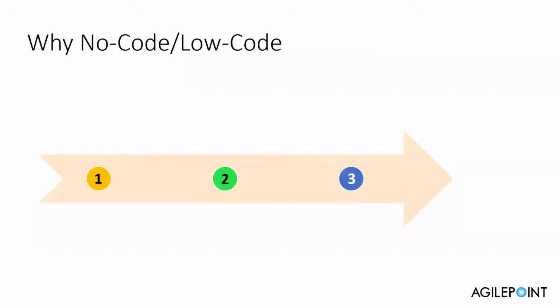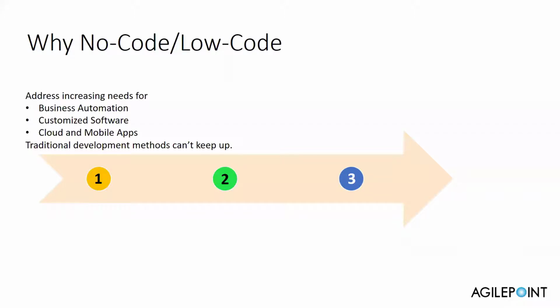Let's spend a few moments talking about why customers are coming to AgilePoint and some of the different challenges that they're looking to solve. First of all, in this era of digital transformation, there's simply a need for more software than ever before. Businesses are looking to transform how they operate, and as such, need to automate the various processes, both internally facing as well as customer facing.